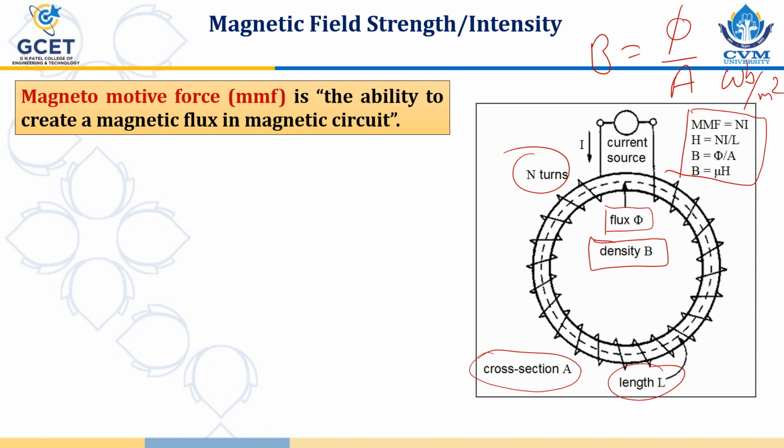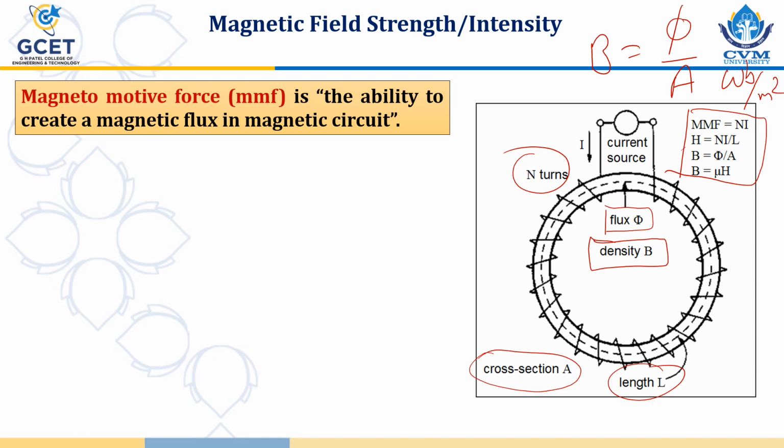Another term is H. H is magnetizing force and it is given by MMF divided by length. So N i upon L, ampere turn divided by length. Length is in meter, so ampere turn per meter. B, as I said earlier, is flux density, Weber per meter square, and B and H are related with mu.